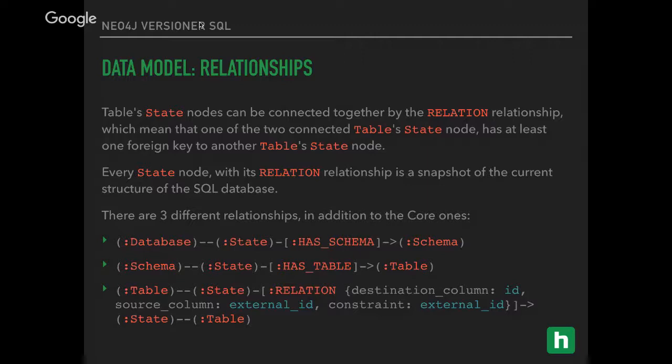Every relation, as you can see, has some properties helping you to understand which columns we are targeting in the specific tables, like destination column, source column, and even the constraint. If you find some problems somewhere pointing out the constraint name, you can search it in your graph imported database, and you find that relation, which are the tables that are connected by that relation, and so on.